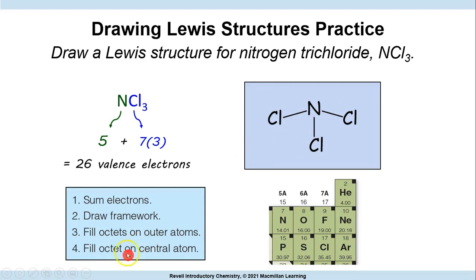Rule number 3 says we should fill octets on outer atoms. The outer atoms here are chlorine, chlorine, chlorine, and each already has 2 electrons. So to fill the octet, we are going to add 6 electrons on each chlorine atom. 6 electrons is equivalent to 3 lone pairs. So let's start.